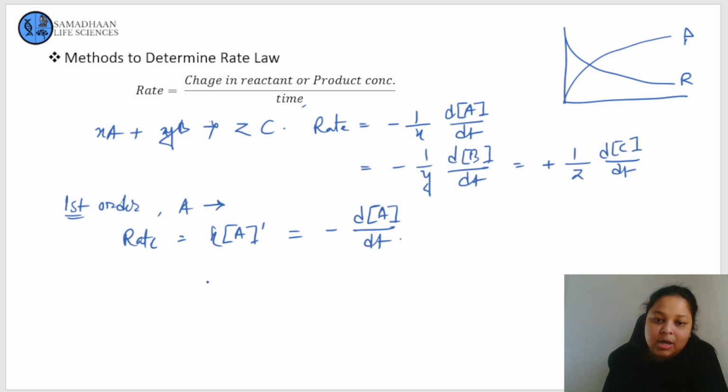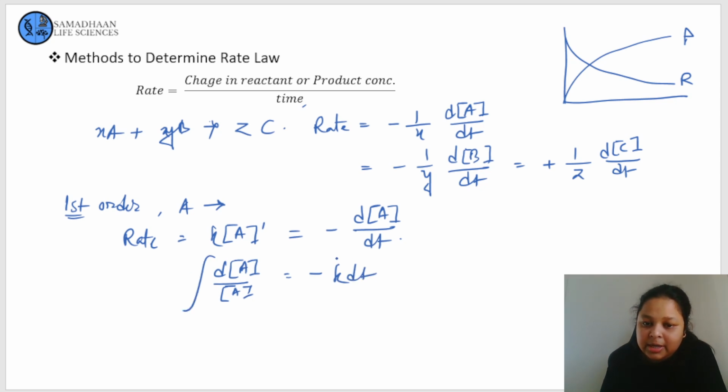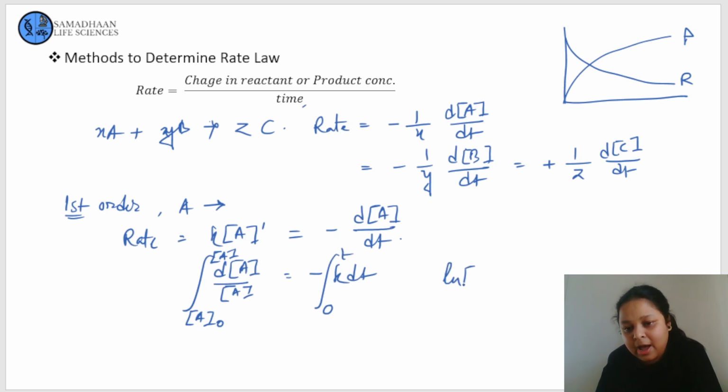Now let's rearrange this equation first, and then we will integrate both sides. For this side, integration from initial concentration to concentration at time t, and for time 0 to t. So we will have this equation, ln A minus ln A0 is equal to minus kt.